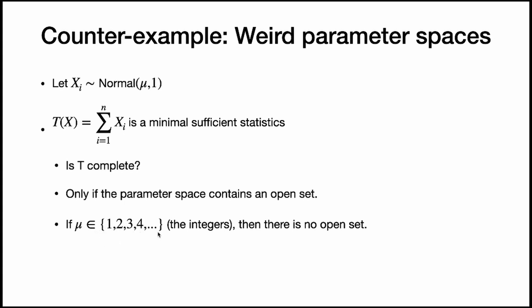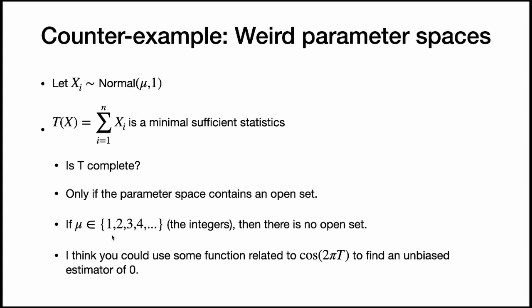There's lots of gaps. And so we can't use this theorem that this contains an open set to prove that it is complete. I'm not very good at trigonometry, so I'm not going to prove this for you here. But I think we could find some function related to cosine to find an unbiased estimator of 0, right? To find a function g of t, which is this cosine, where the expected value is equal to 0, but it's not always equal to 0, right?